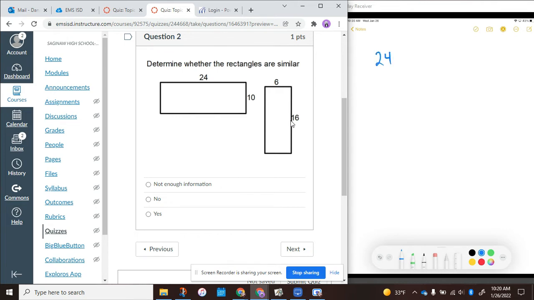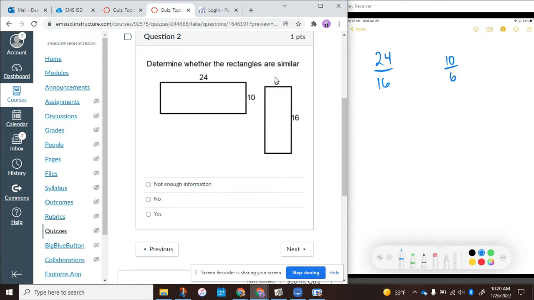Okay, we can compare 24 compared to 16. And if we're doing it all correctly, if this is all going right, then 24 divided by 16 is going to be the same proportion as if we divided the short side by the short side, 10 divided by 6. Okay?